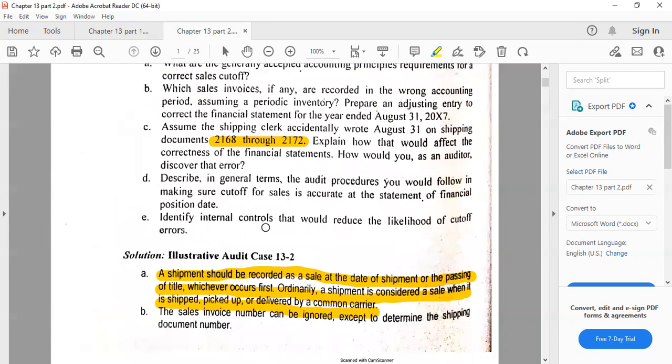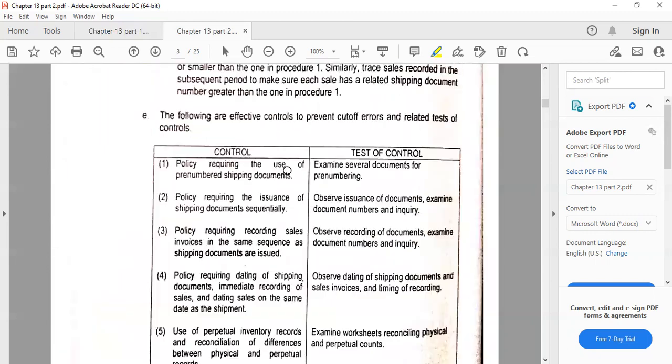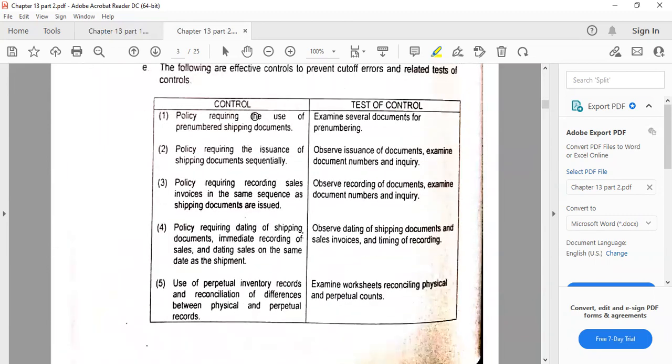Last question, identify internal controls that would reduce the likelihood of cut-off errors. So these are the internal controls that we can implement to prevent cut-off errors. Okay, use pre-numbered shipping documents, which the company is already using, no? Nag-pre-number man siya. Require the issuance of shipping documents sequentially, dapat walay skip na numbers.